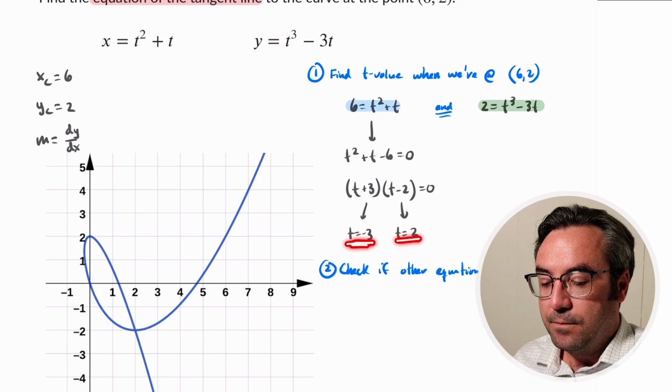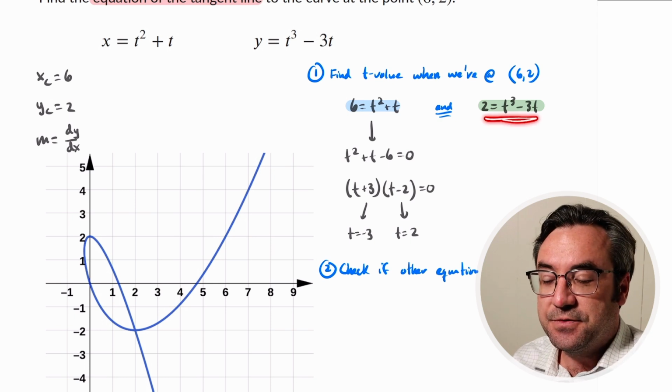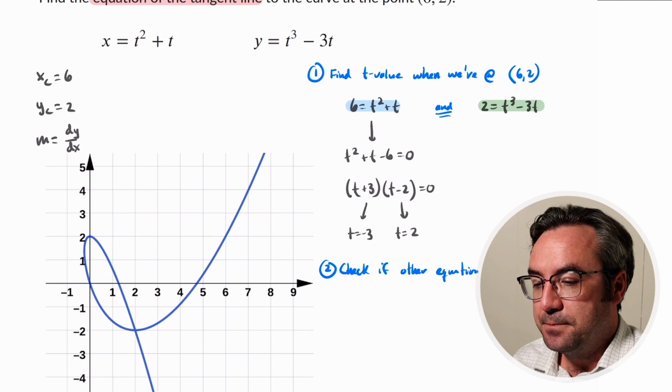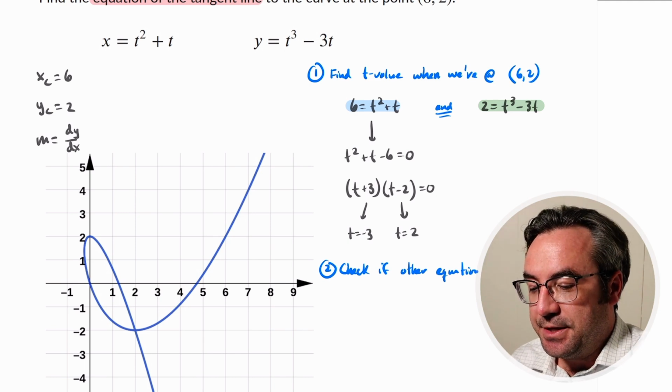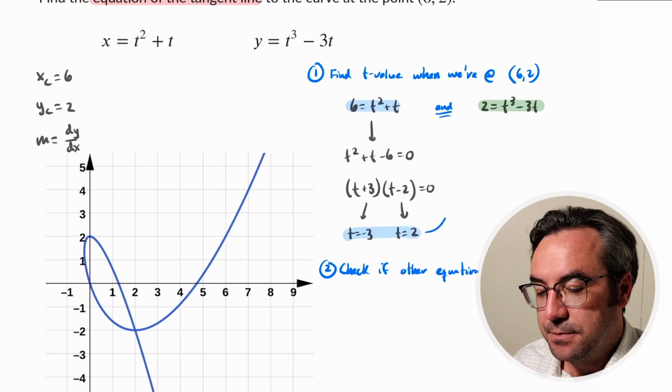Now, we need to see which of these time values, or maybe both of them, satisfy this other equation. So let's plug both of those in. We're going to take each of these and throw those into our y equation.